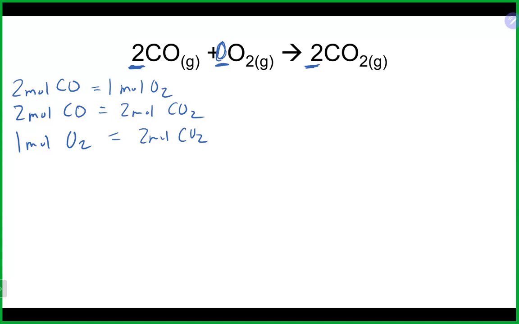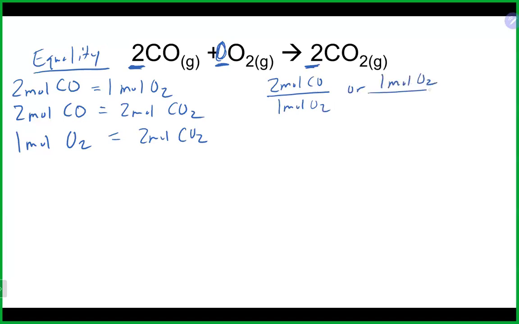Because these are the three equalities that we could get from this particular equation, just like in regular conversions, for every equality that we have, we could write how many conversion factors? 2. So for the first one, we could say that there are 2 moles of CO over 1 mole of O2, or flip it around: 1 mole of O2 over 2 moles of CO. For the second one, for 2 moles of CO, we get 2 moles of CO2.